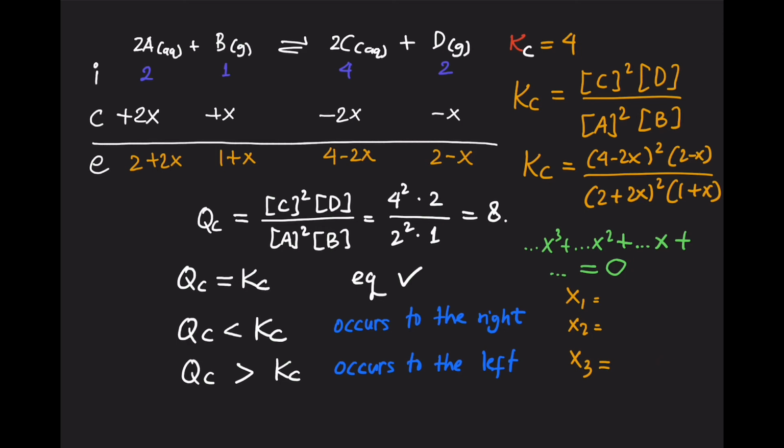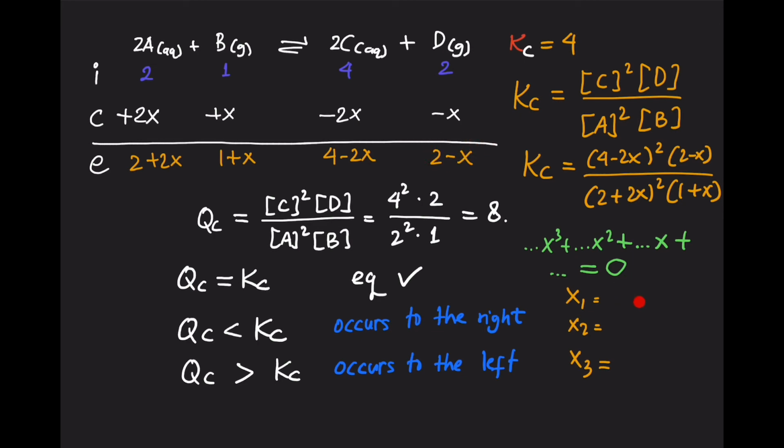Okay. Now, of course, the main idea here is to never get a negative value here. So everything here is in molarity. So this is 2 plus 2x molar. This is 4 minus 2x molar. So in this case, you cannot have x bigger than 2. If the x is bigger than 2, then that means 2 minus 2x will be negative, and in this case, you will not have a positive number over here.